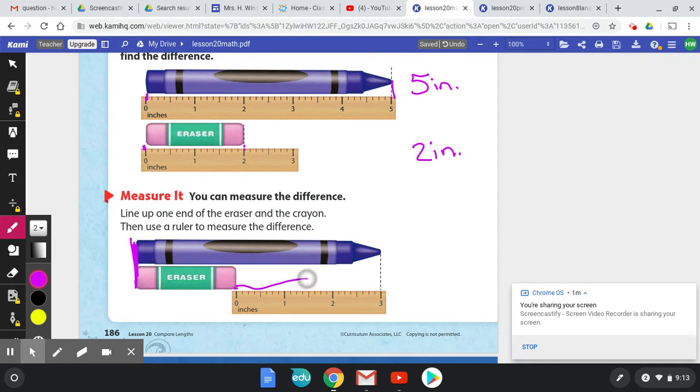Why? Because you have this much difference between the two. So they're measuring the difference instead of doing a subtraction problem. So between the end of the eraser and the end of the crayon, you actually have a 3-inch difference. You have to make sure that you have your objects lined up here at the end, though.